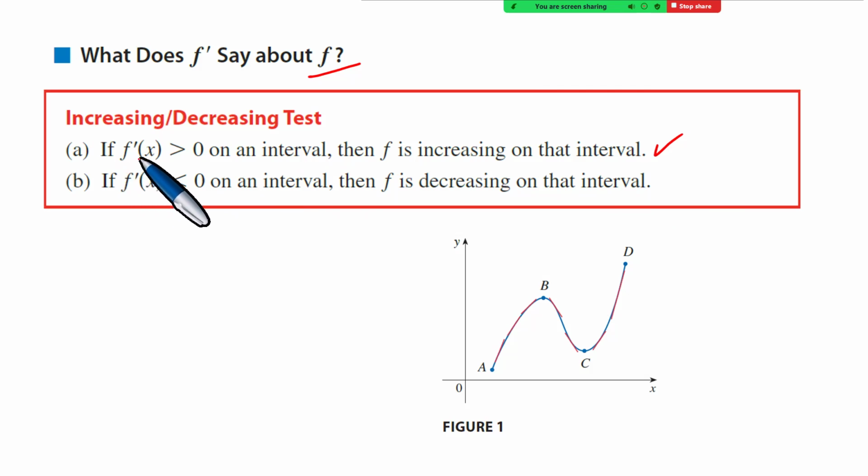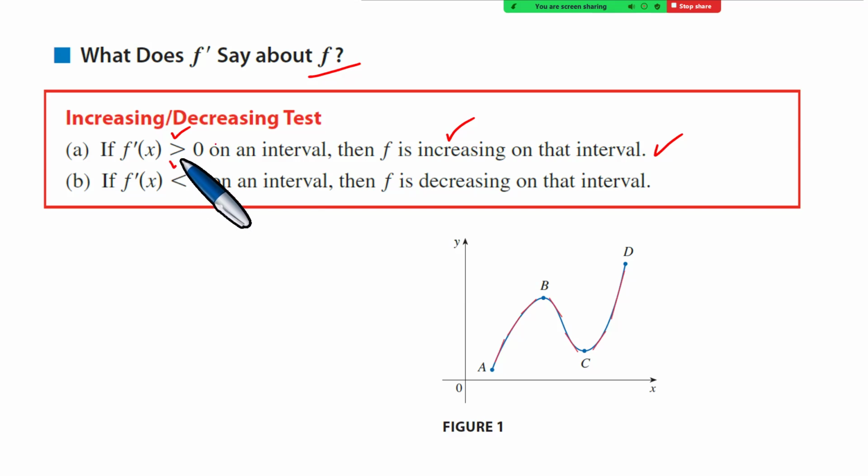So if the derivative is positive on an interval, it means f is increasing. Increasing goes with the positivity of the derivative. If the derivative is positive, bigger than 0, then we have an increasing function on that interval.